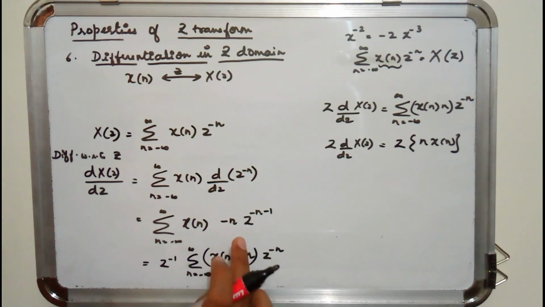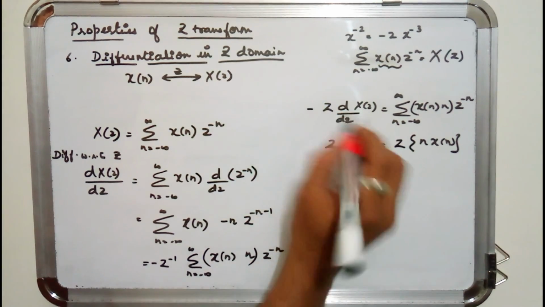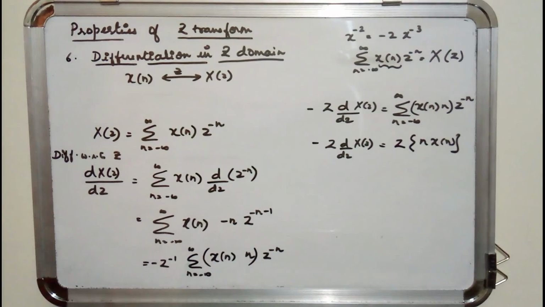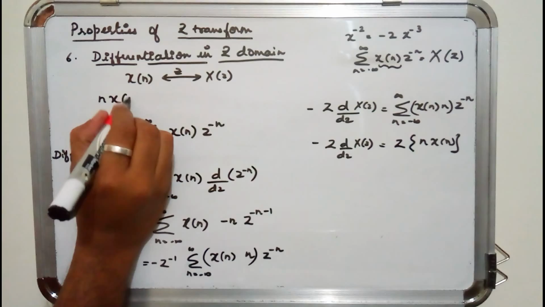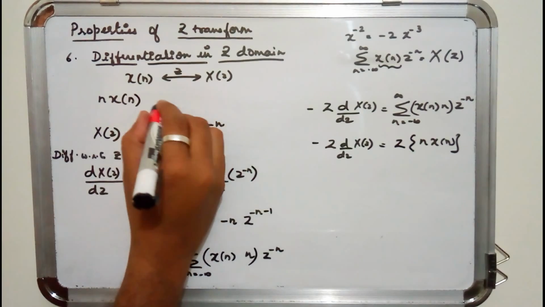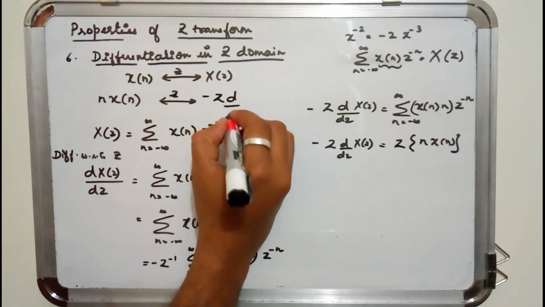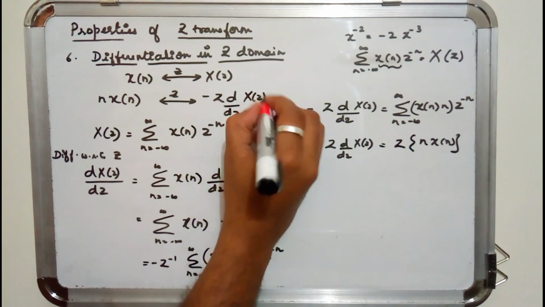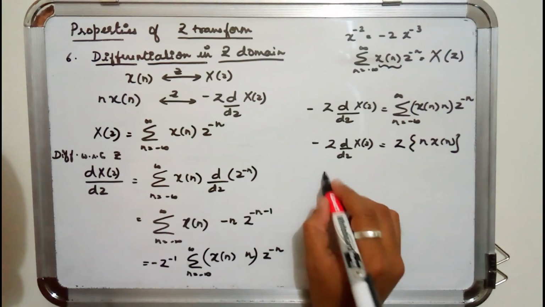One more thing which I have missed out here is there is a minus sign here, so I will be getting minus, and if I cross multiply I will be getting minus z. So the z transform of n into x of n is nothing but minus z into d by dz of x of z. That means this is a ramp, remember n means ramp.